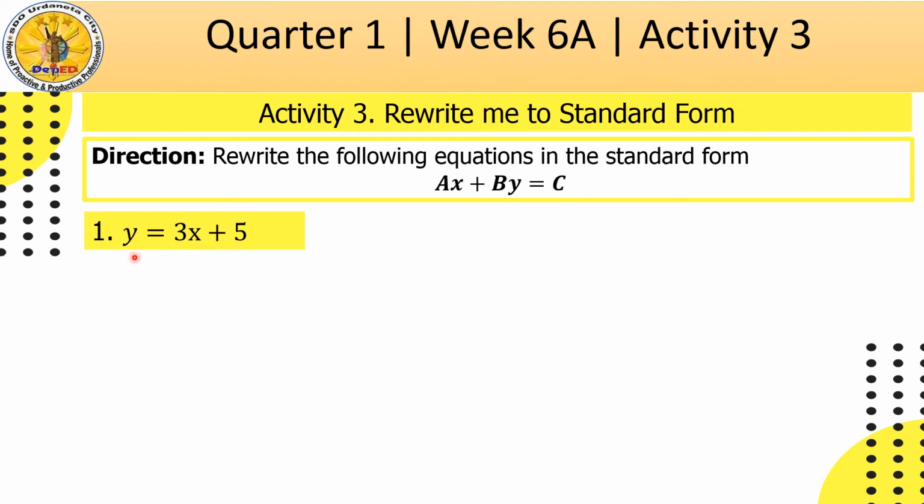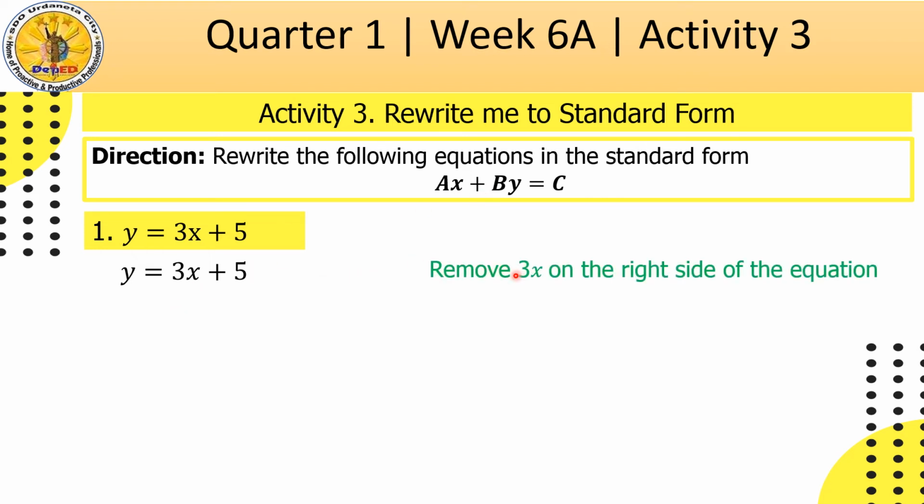Number 1, we have y is equal to 3x plus 5. And then we will copy again. If we observe here, variable x must be on the left side of the equation, but here, it is on the right side.